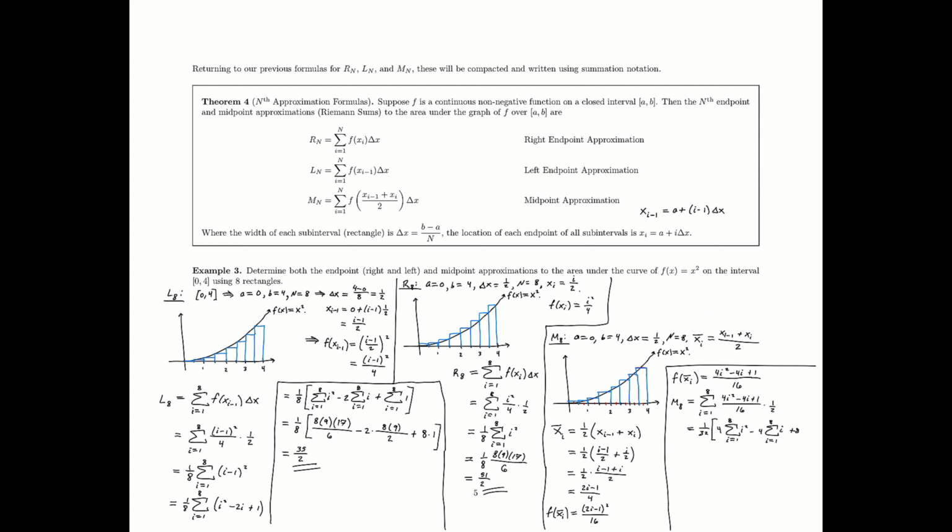Okay. So then, let's see here. We can distribute into 32, and we'll have 1/8 times our power sum for i squared, which would be 8 times 9 times 17 over 6, minus 4 divided by 32, so minus an eighth, times this power sum, which would be 8 times 9 over 2, plus 8 divided by 32, which is a quarter.